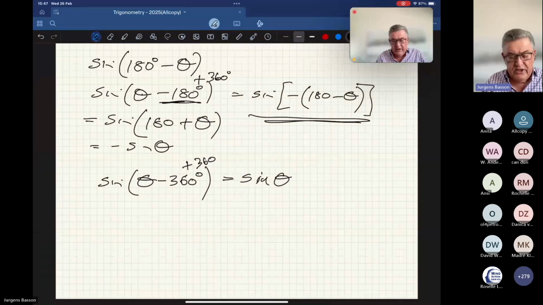So, ladies and gentlemen, the main thing about all these, let's call it funny reduction formulae, is that we don't always know where they are on the Cartesian plane. And if we don't know where they are, we can't say if they're positive or negative. That is why we need to know in which quadrant it is.